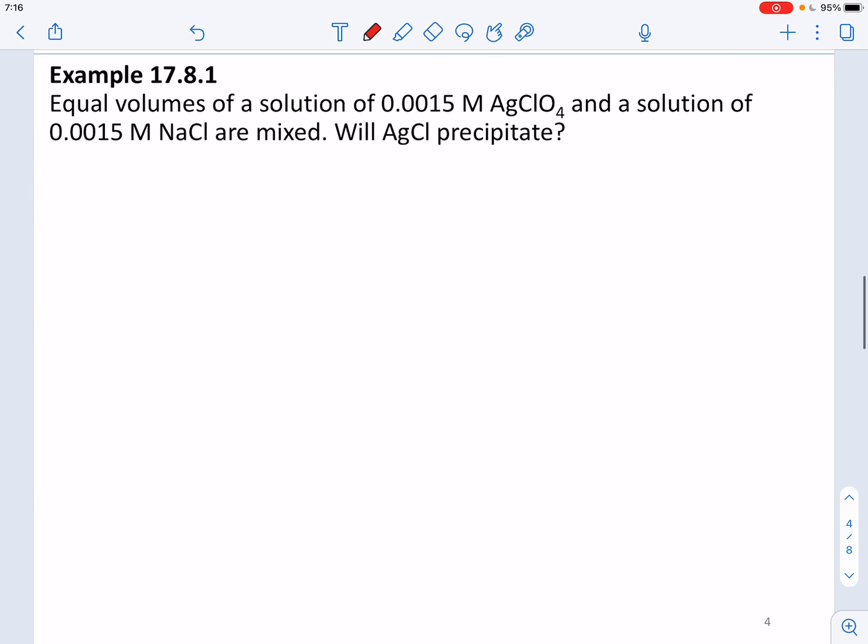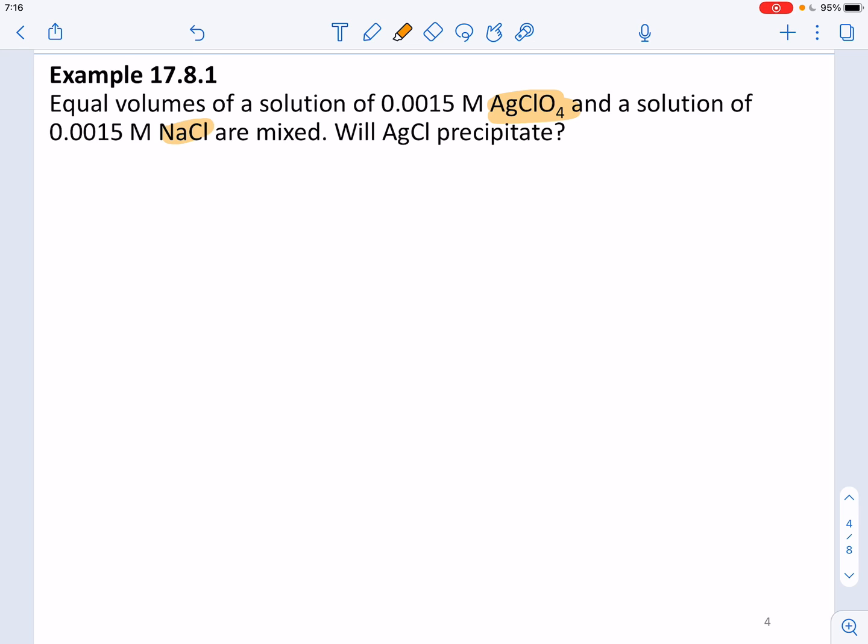Okay, so how can you use that in a practical approach? So you have two solutions here. One contains silver perchlorate and the other contains sodium chloride.